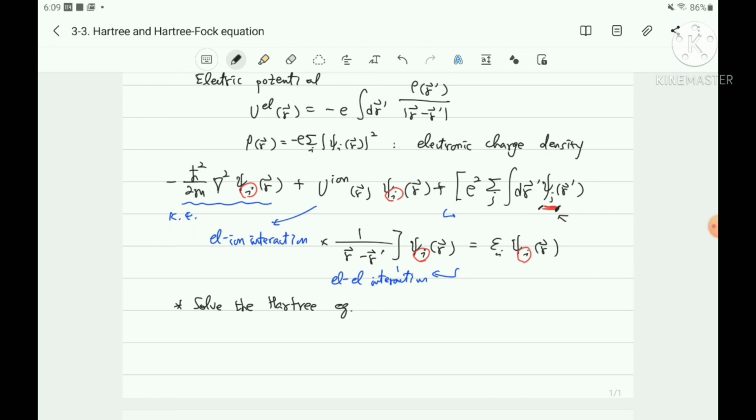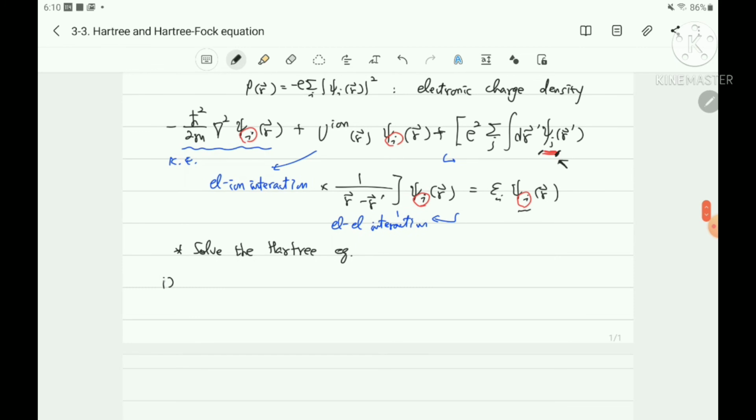Then the eigenfunction psi i can be identified, and this psi i is inserted again as psi j, and after many iterative calculations it can converge to a certain wave function. If the wave function converges, then we can say that it is close to the real eigenfunction. Therefore, let's make a trial wave function.